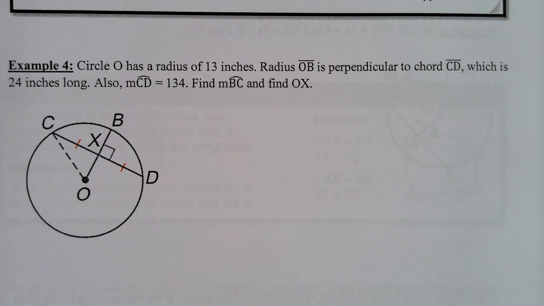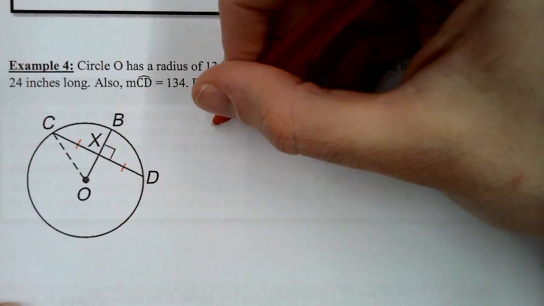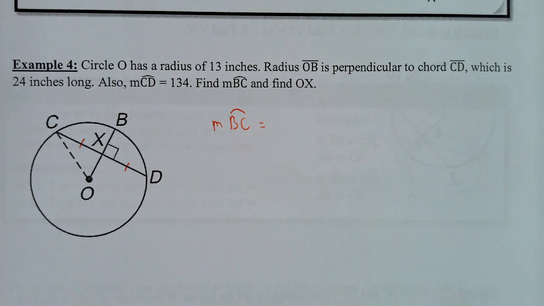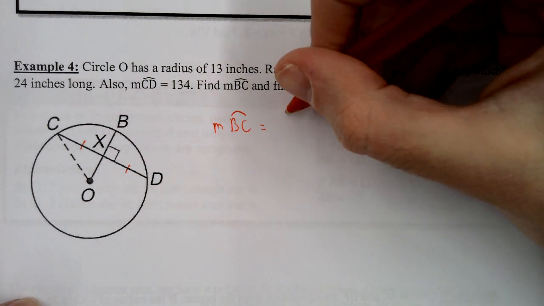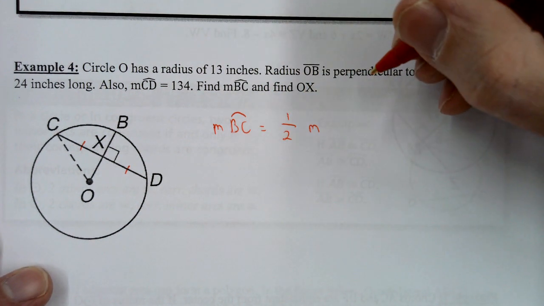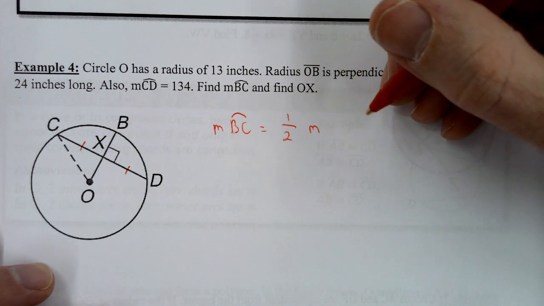Let's start with the measure of arc BC, okay? The measure of arc BC equals 1/2 the measure of arc CD. Okay, that's from the theorem I just gave you.